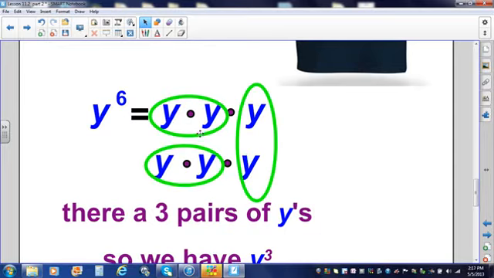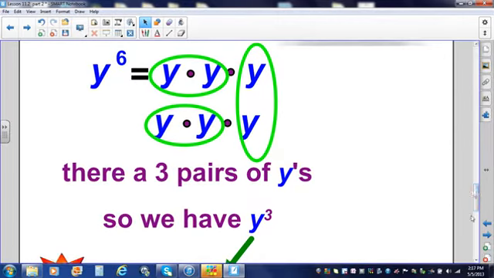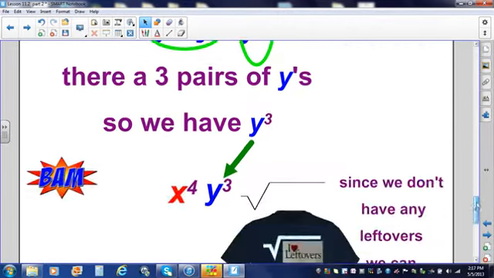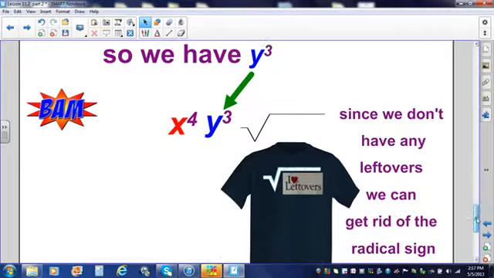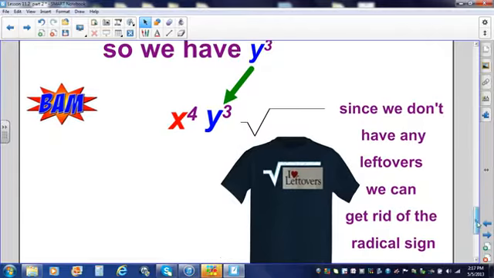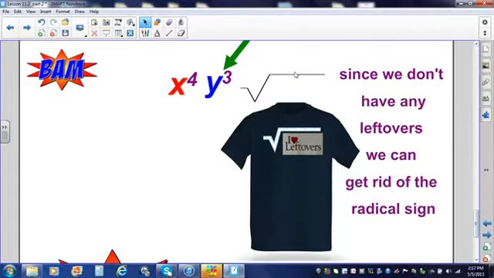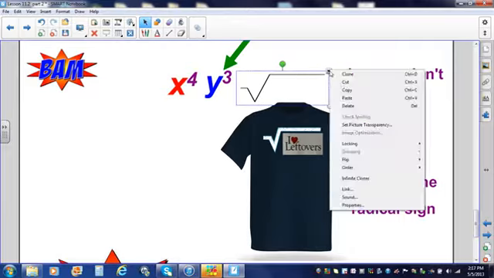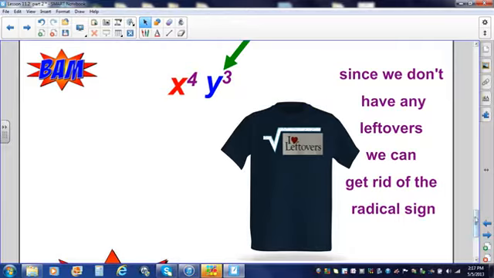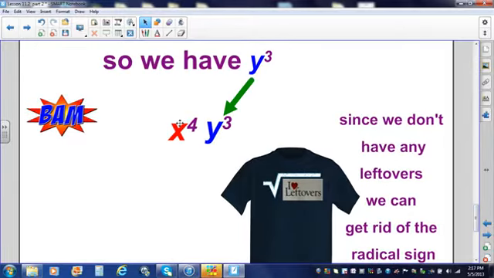So we have 1, 2, we have 3 pairs of y's. So we have y to the 3rd power. Remember that the pairs of matches go outside. In this case, since we don't have any leftovers, we can get rid of the radical sign.